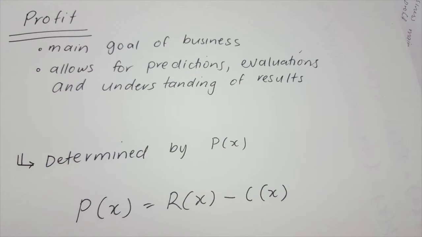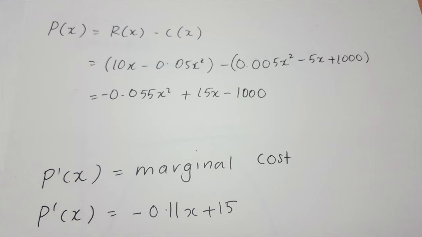In terms of the values previously mentioned, P of x equals 10x minus 0.05x squared minus 0.005x squared minus 5x plus 1000. Therefore, by simplifying this equation, you get minus 0.055x squared plus 15x minus 1000.